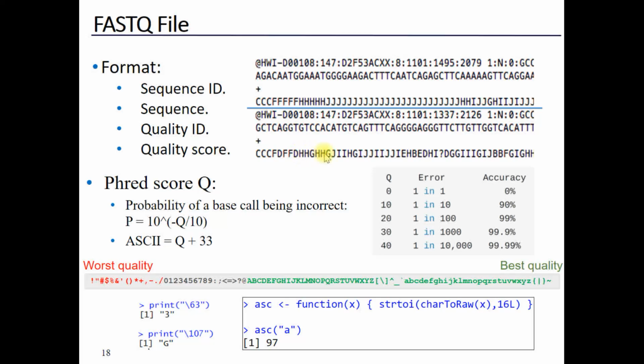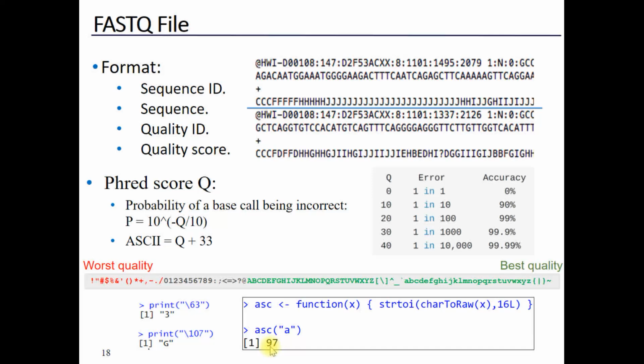And if you read the letters and you want to know what the Phred score Q is, you can just use this function in R to convert this letter, the ASCII code, into the corresponding number, and you minus 33, then it is your Phred score.